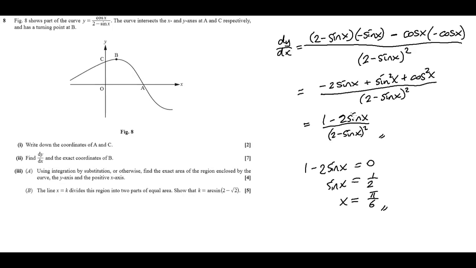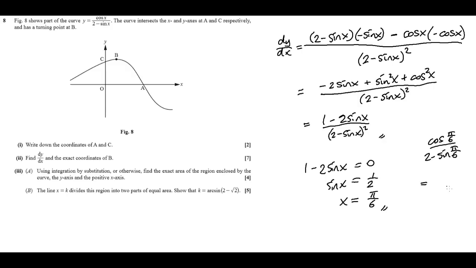Now we need to find the y value of b. And to do that, we just sub in pi on 6 onto this whole expression, which means cosine of pi on 6 divided by 2 take sine of pi by 6. Sine of pi by 6 is just a half, as well shown.